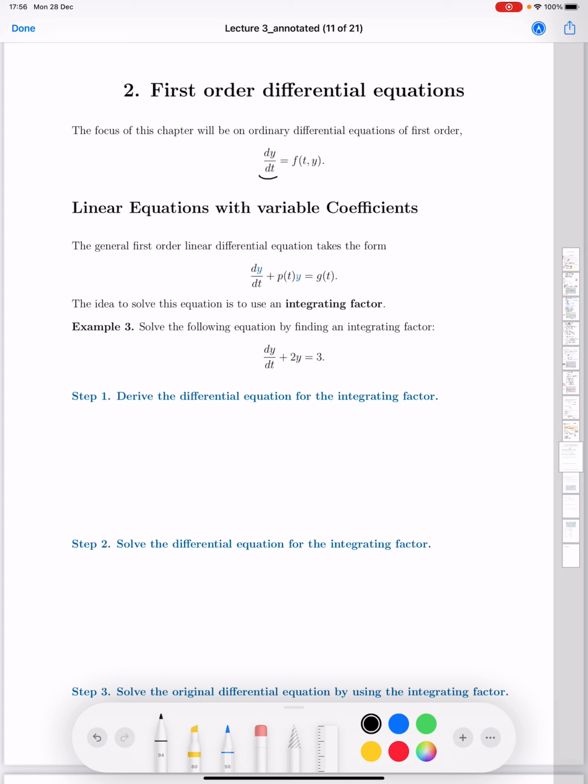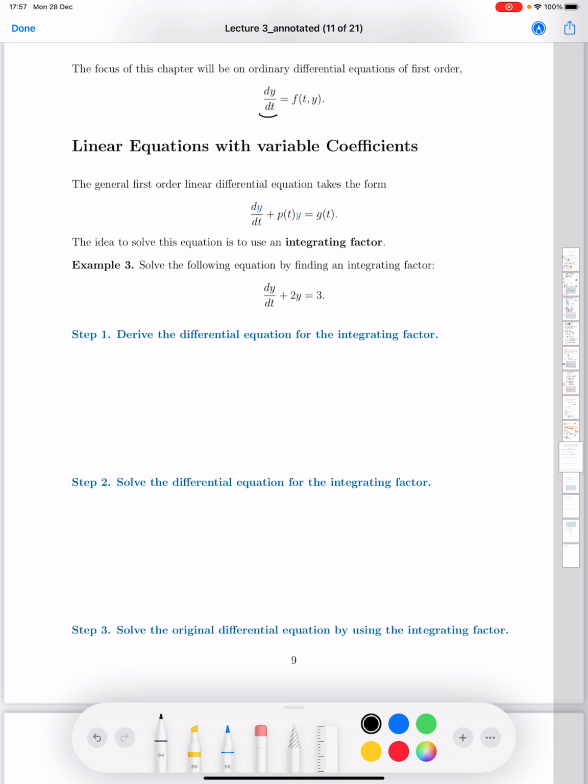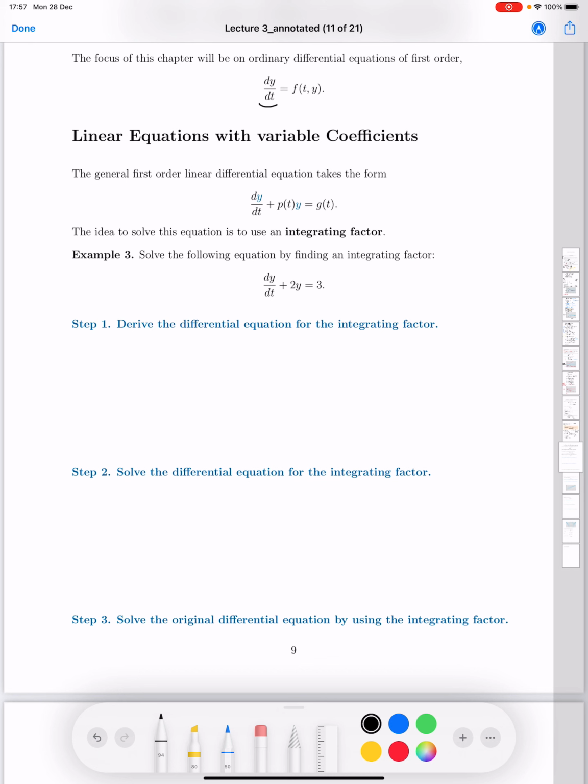However, in this simple case, f is not a function of its derivatives, it's just a function of t and y, so we only need f to be a linear function of y. Remember, it doesn't need to be a linear function of t. So if you force f to be a linear function of y, then you will get this equation over here.